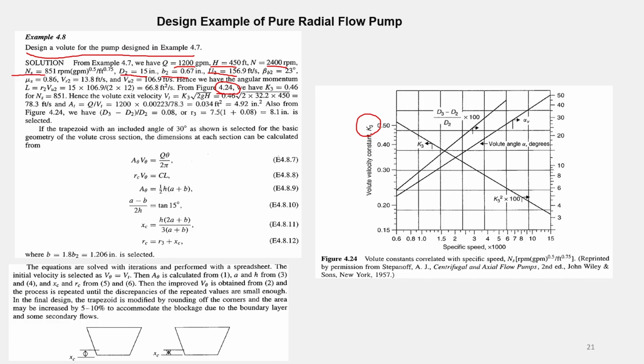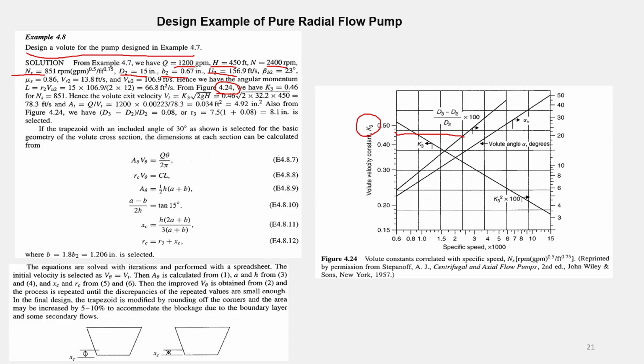So how did we get it? 0.46 is here, for example, 246 is this much. This is because the specific speed is 850, so it depends on the specific speed. Now this is around 0.9, so you have to make sure it's exactly at 0.85.